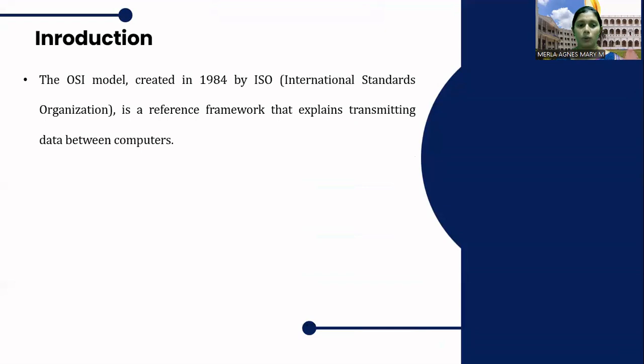The OSI model was created in 1984 by the ISO, that is, the International Standards Organization. It is the framework they framed for explaining how data must be transmitted from one computer to another computer. OSI stands for Open System Interconnection, and it is a reference model.